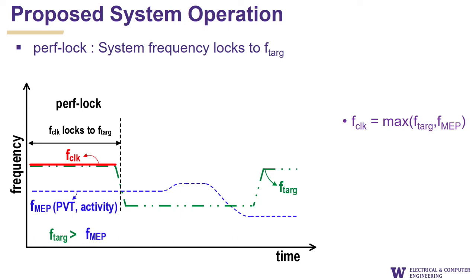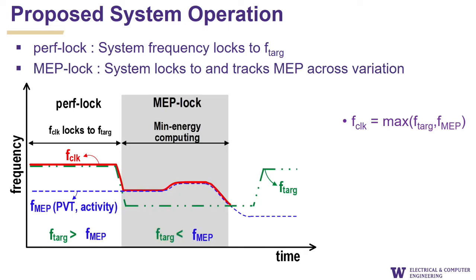Then, if my operating system requests a lower frequency of operation, I'm going to autonomously transition into MEP tracking, minimum energy tracking. In other words, I'm actually running faster than I'm required to, but don't worry, that's more energy efficient, okay?